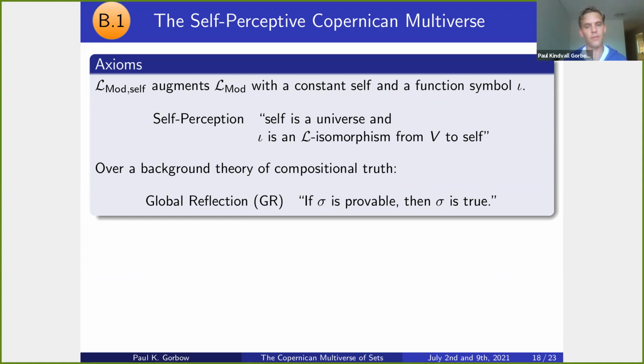So if we start with ZF and we add a truth predicate and compositional axioms of truth, these are similarly the Tarskian conditions, but that also involves a base case. It's a very natural theory of truth over a theory. It's usually studied over PA, but you can do the same thing over ZF.